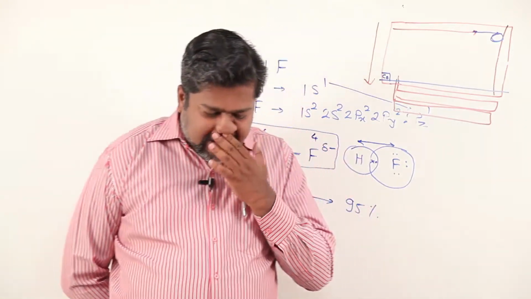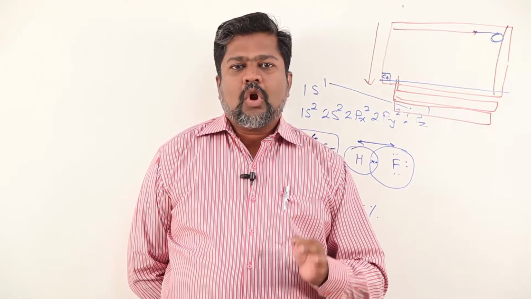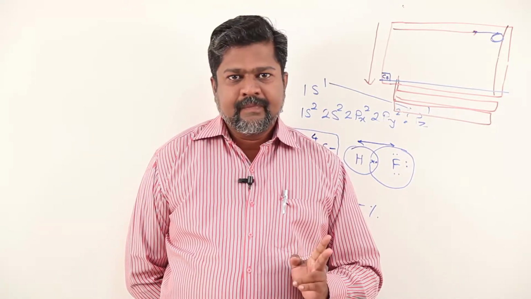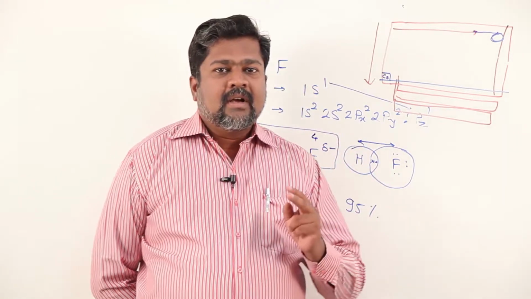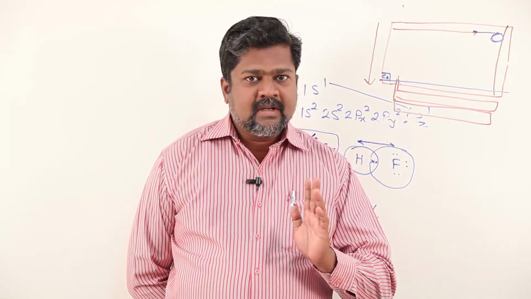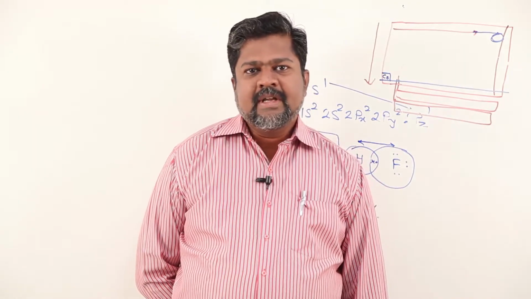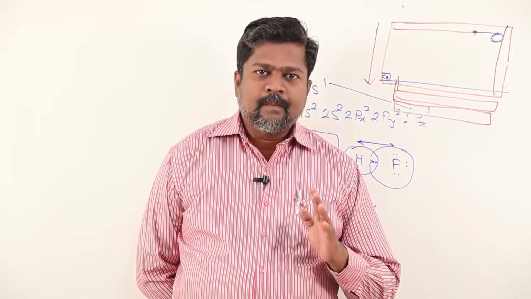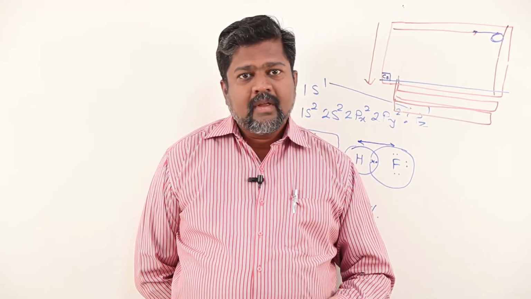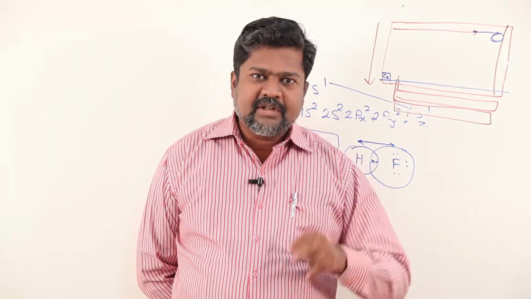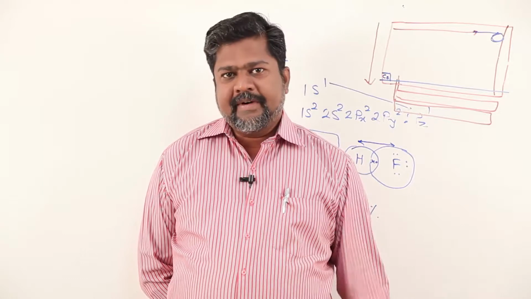Now the next periodic property we are discussing here is electron affinity. Before discussing electron affinity, I must warn you that this is a bit of a confusing factor. It is confusing with ionization potential and it is confusing with electronegativity.